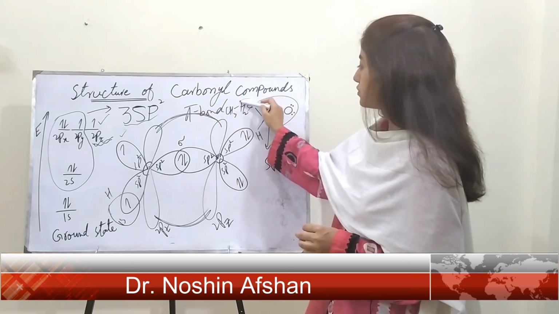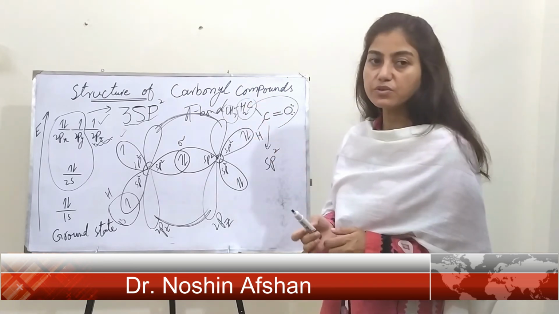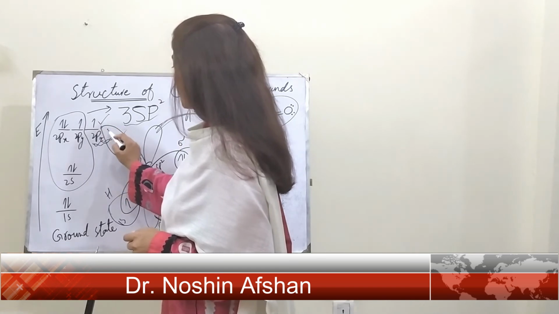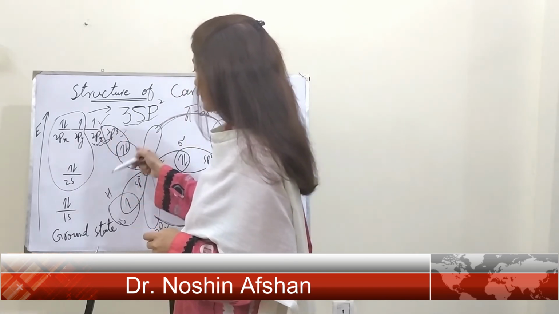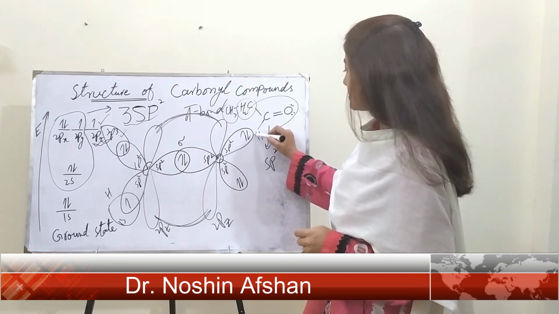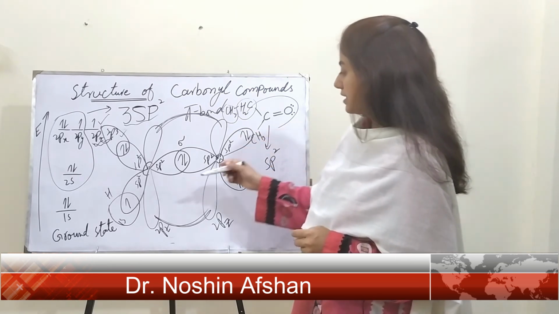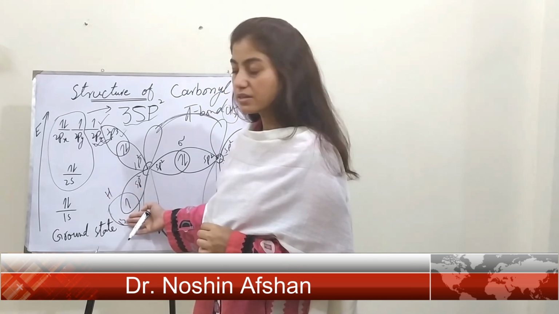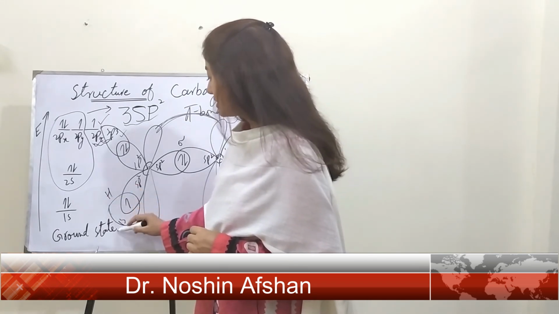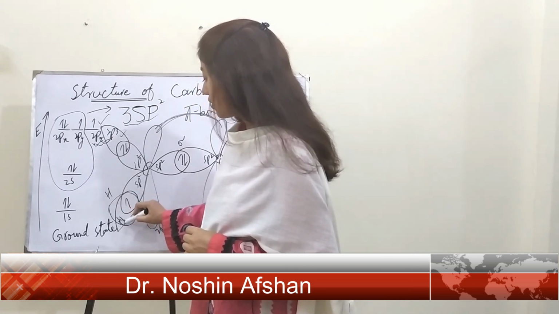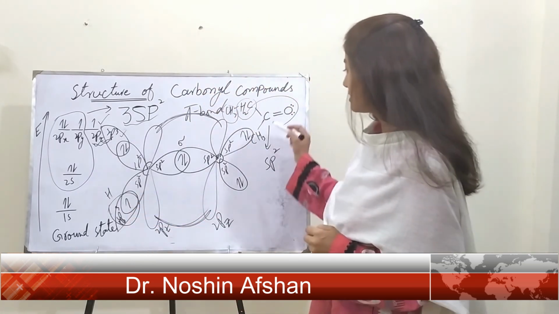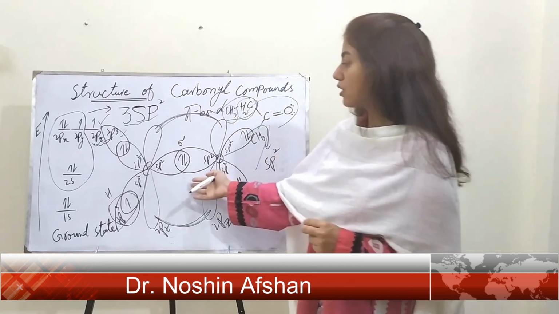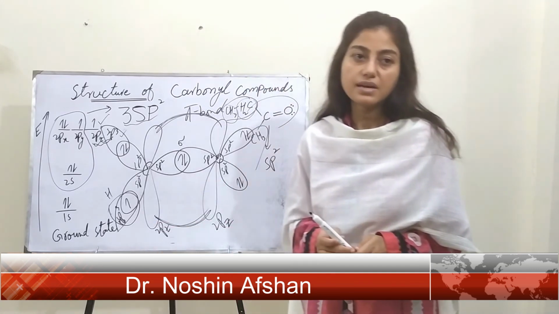As you know, all of these alkanes would show sp3 hybrid orbitals, and there would be an sp3 hybrid orbital overlapping here. And if here it is CH3, then besides the 1s orbital of the hydrogen atom, it would also overlap with the sp3 hybrid orbital of the other carbon atom. So in this way, along both of these sides, you may draw the orbital diagram same like alkanes.